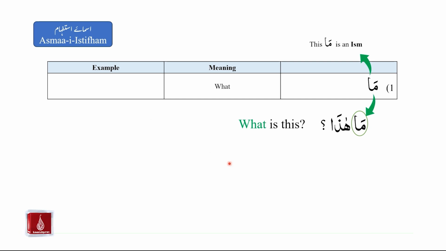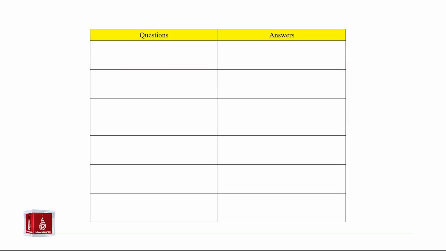So our first Ism-i-Istifham is ma. This ma is an ism, and an example is ma haza. What is this? So the meaning of what is being created by ma, which is an Ism-i-Istifham. Let us study some further examples. Let us make some questions using ma. Ma haza.